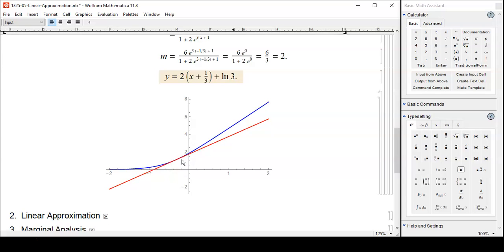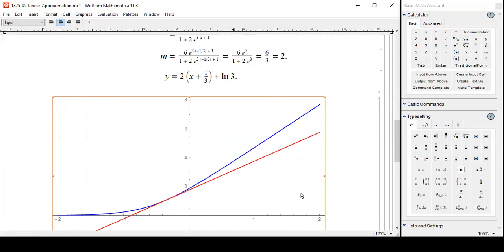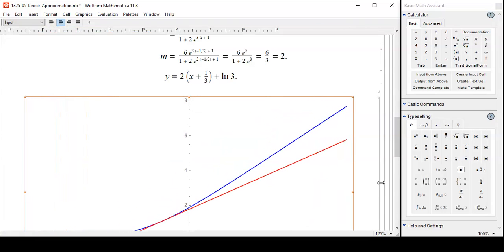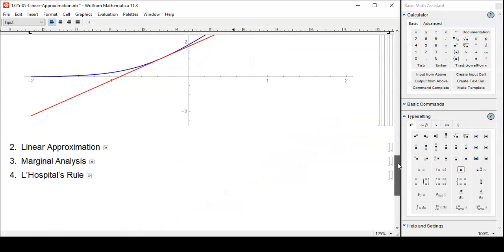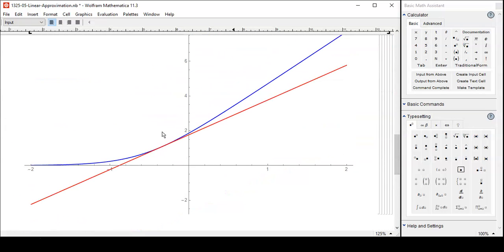And then here's a visualization. Again, around x equals negative 1/3 here, the red line and blue curve share a lot of ink. This shows that the red line is the best linear approximation of the blue curve here.